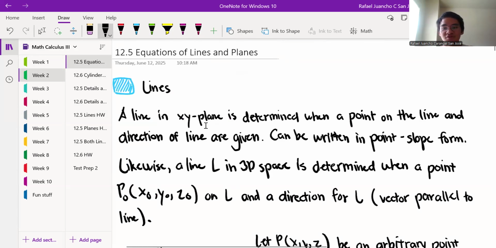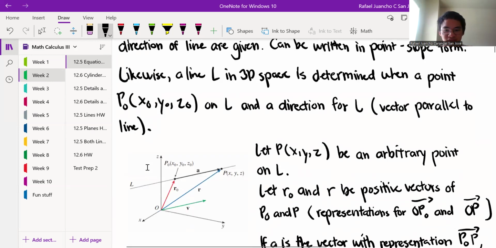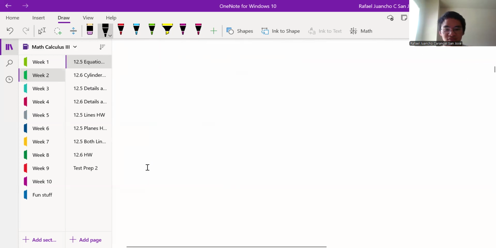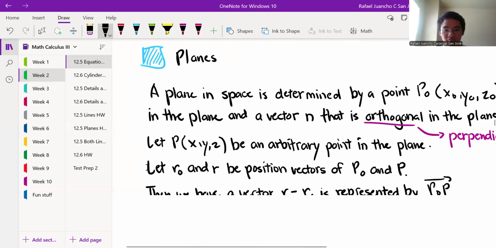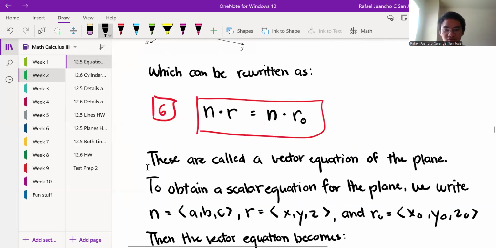Every time I do my videos, I always put what number we're at. So this is 12.5. And here we see that in order to get the equation of a plane, and we're saying that point is on the plane, we have a formula for it.